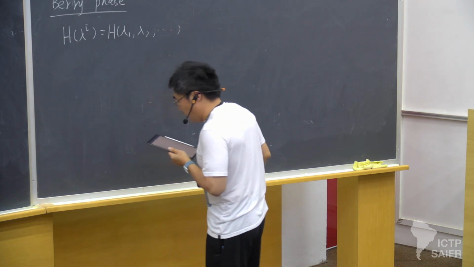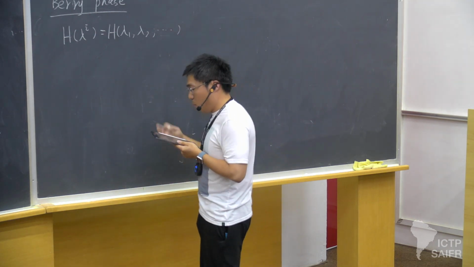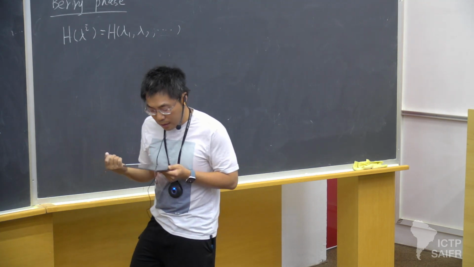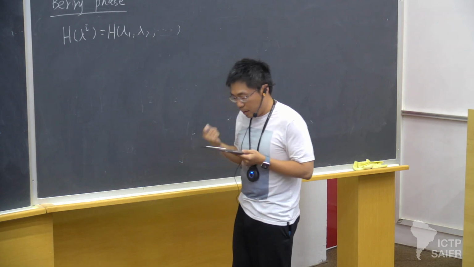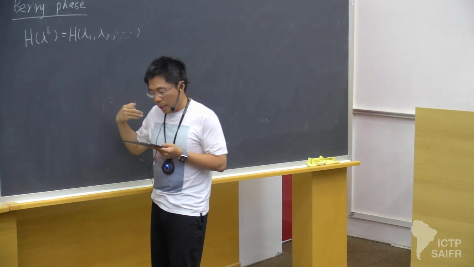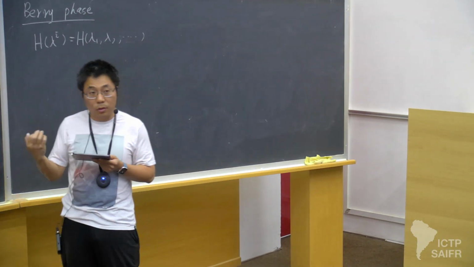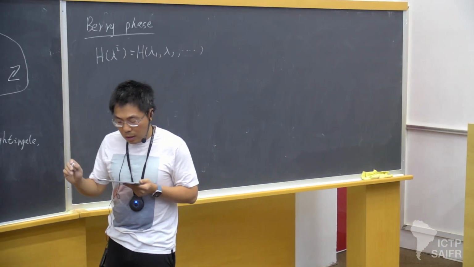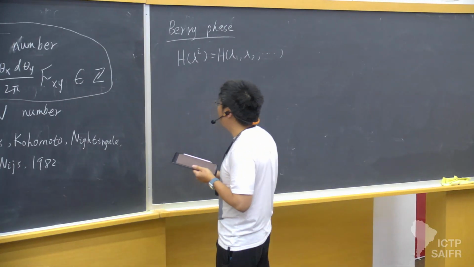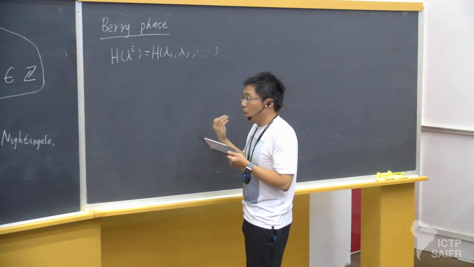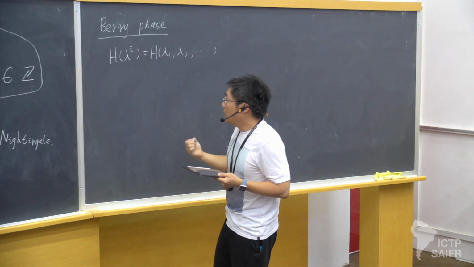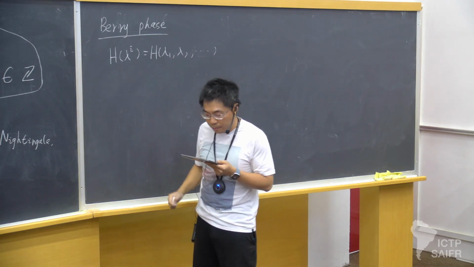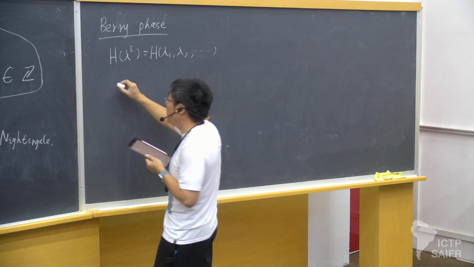Now we consider a situation where I'm slowly varying those parameters, and I want to change them so slowly that the wave function of the system always stays in the ground state of that Hamiltonian. That is called the adiabatic theorem.